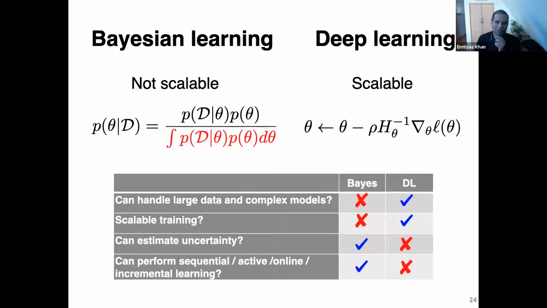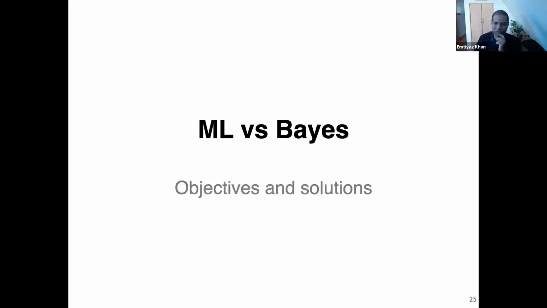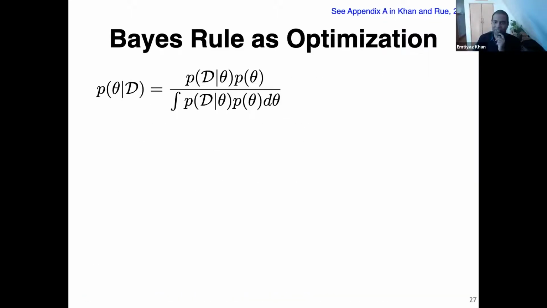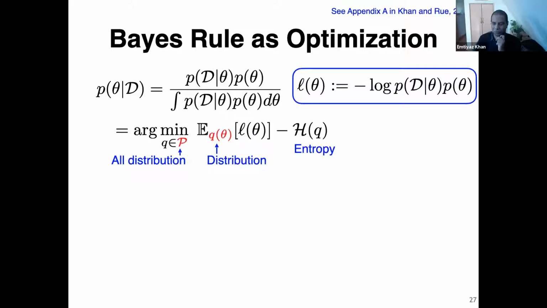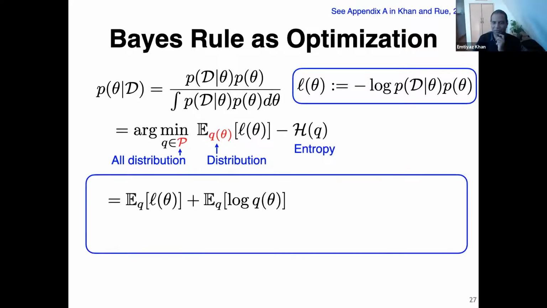That is the part we are going to focus on today. So how can we bring the Bayesian principles and the machine learning with point-estimate-based methods together? We started with writing Bayes' rule as an optimization problem.